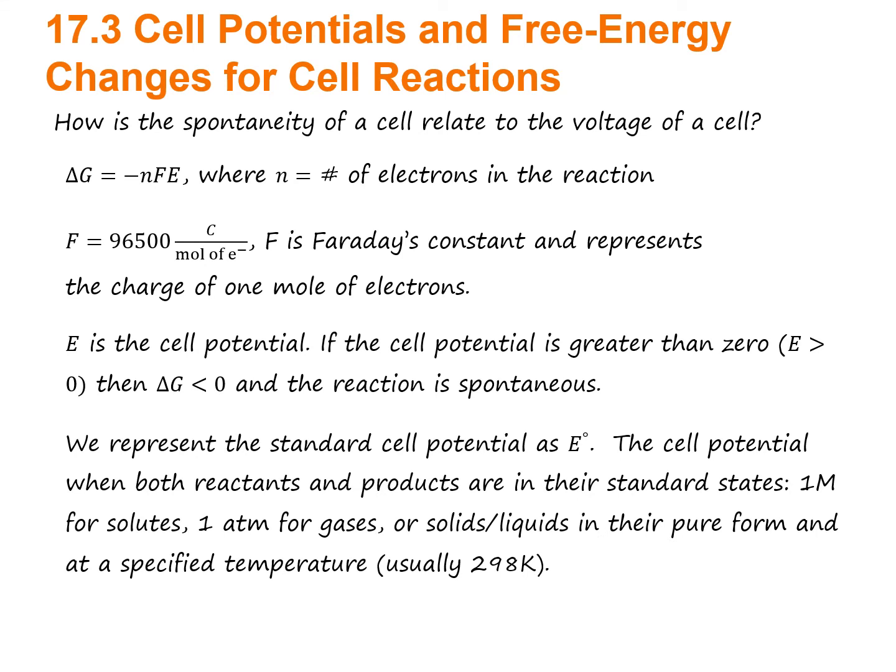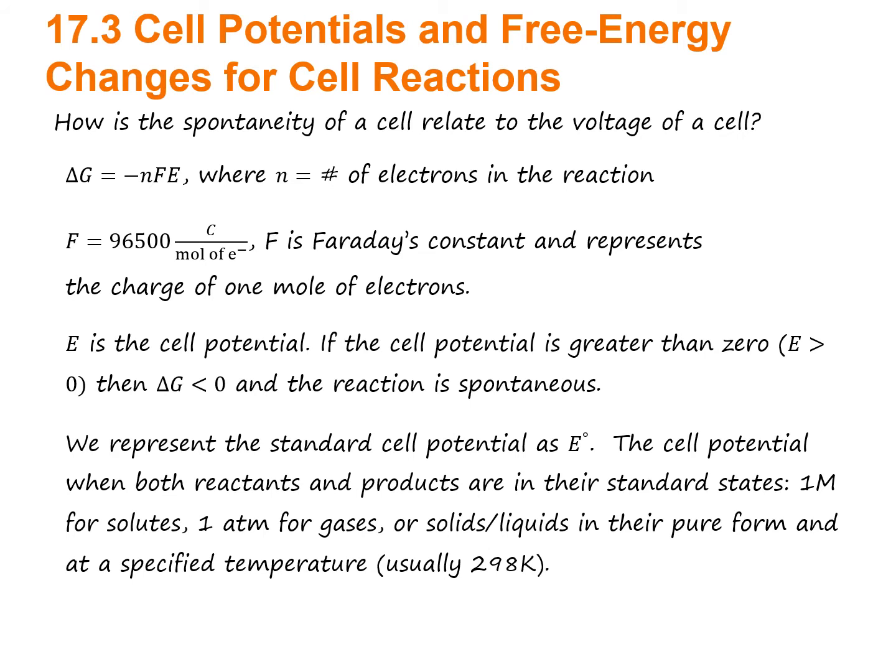We represent the standard cell potential as E with the degree sign, much like we did with standard Gibbs energies and standard enthalpies of formation. All those standard quantities usually got a degree sign to indicate they were representing standard states.